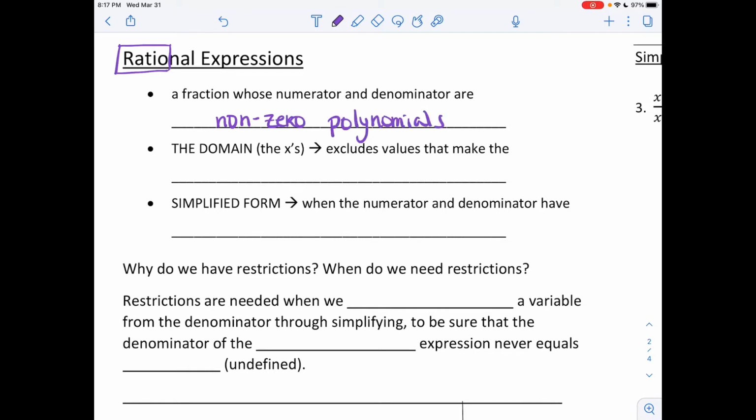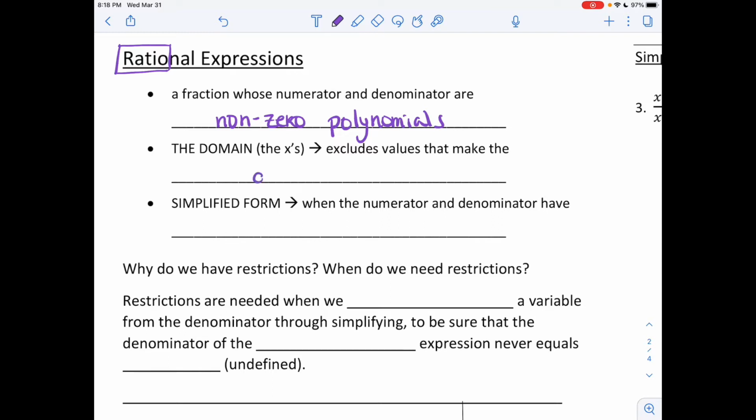The domain, the x values, have some excluded values, and we'll talk about those restrictions or excluded values in more detail here in a minute. But the reason that happens is if we have a polynomial in the bottom and we set it up to where x is a value that makes the denominator 0, well, then our expression is suddenly undefined because we can't have a 0 in the denominator of a fraction.